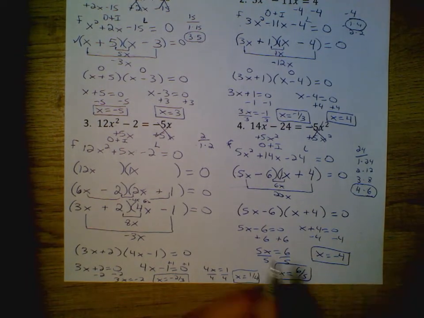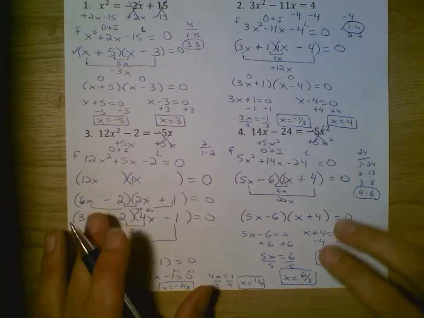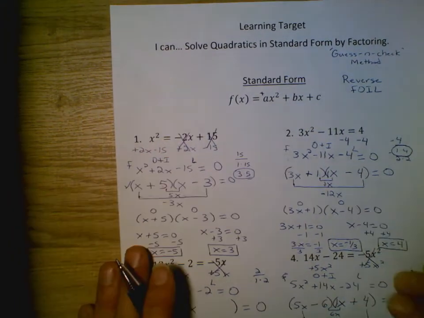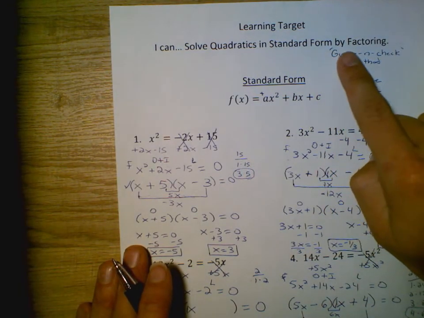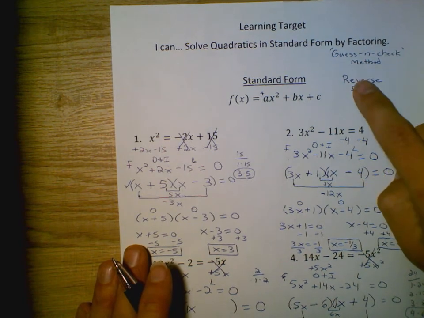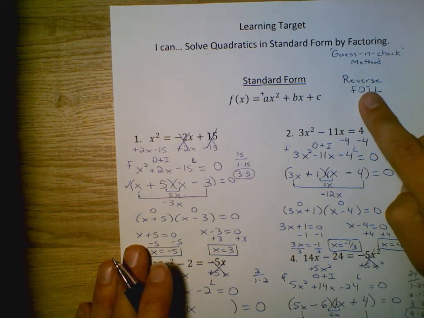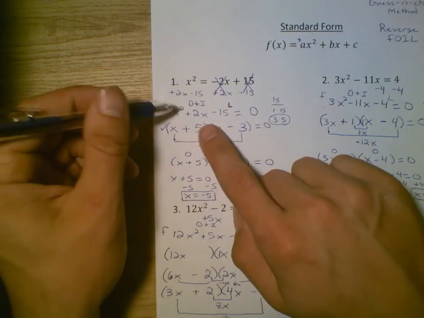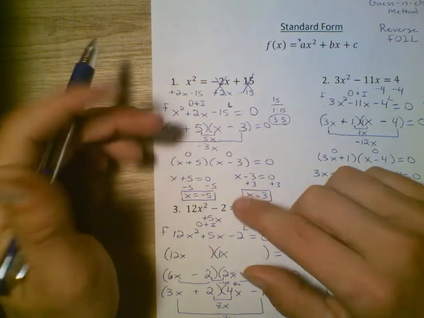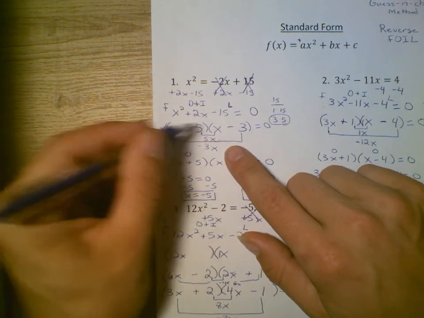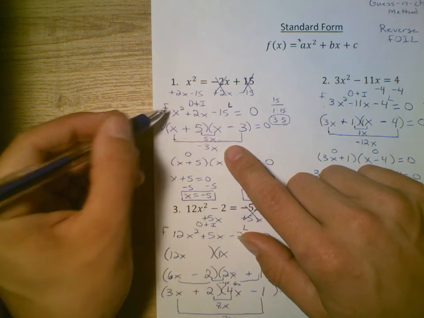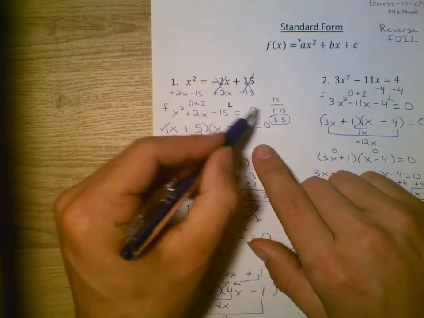Okay, so one last time here, just to kind of recap from the top. When solving quadratics in standard form by factoring using the guess and check method, or what I call reverse FOIL, just know that you're kind of doing FOIL backwards. You're asking yourself, what times what gives me the first term? What times what gives me the last term?